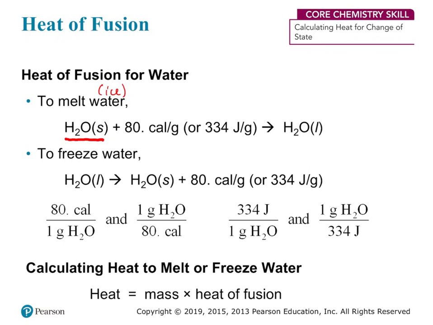So these are just two different units. In chemistry, we tend to use joules more so than calories. So if we add 334 joules of heat for every gram of ice, eventually we'll end up with water that is a liquid. That L in parentheses stands for liquid.